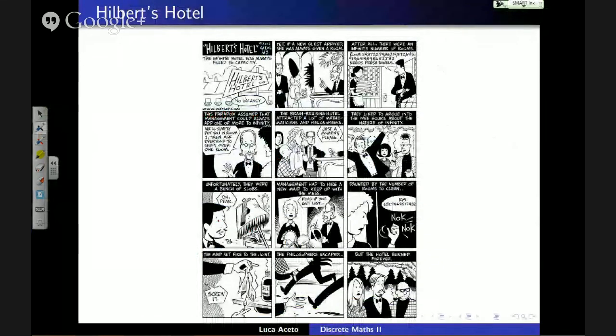Have you ever heard about the Hilbert Hotel? You've never heard about the Hilbert Hotel? Fantastic, because this gives me the opportunity of entertaining you with some, before the break, scientific theater. And in fact, there are theater pieces which are based on this idea of the Hilbert Hotel.